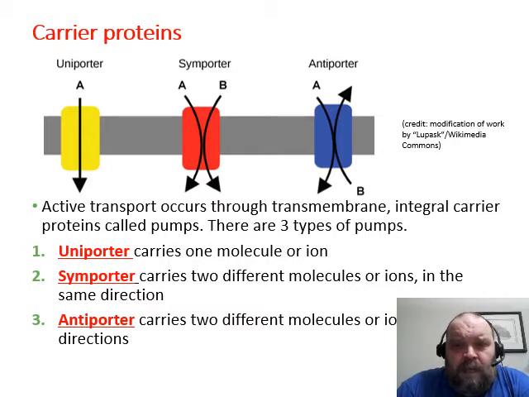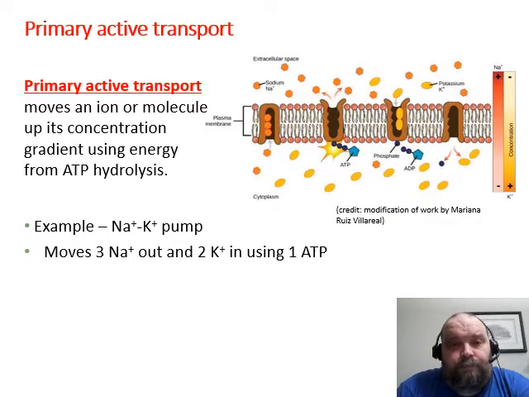We also see antiporters. They move A across the membrane, and in so doing, you move B in the opposite direction. The sodium-potassium pump is a great example of this. You see the figure above my head of the sodium-potassium pump.